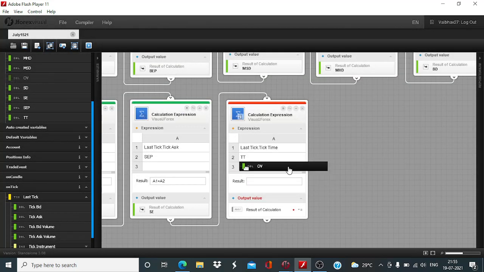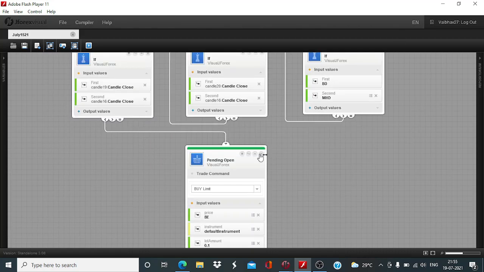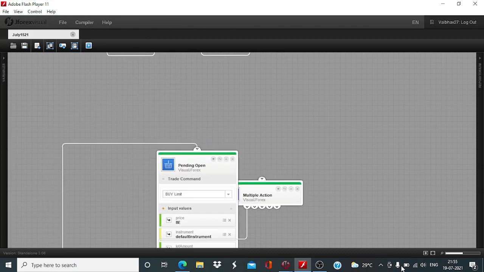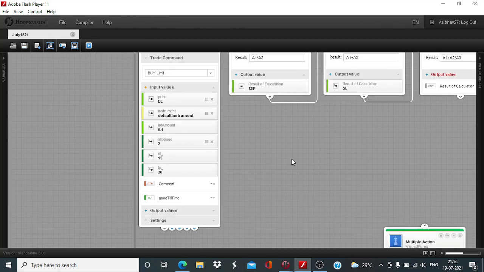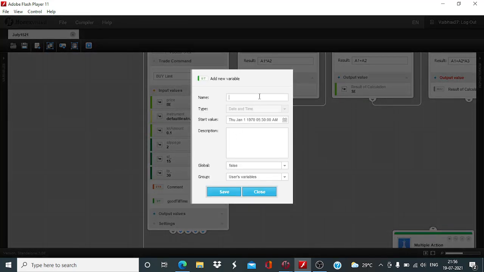Okay, so this is going to be A1 plus A2 into AB. Okay, and we will create the variable here in this block, create command block, as we need the data type to be long.